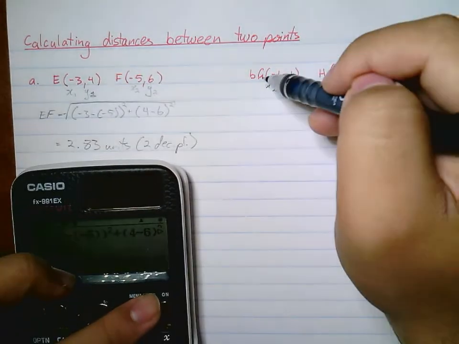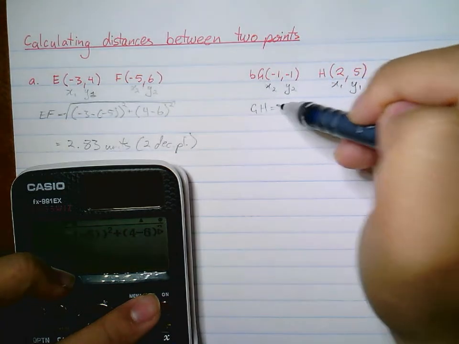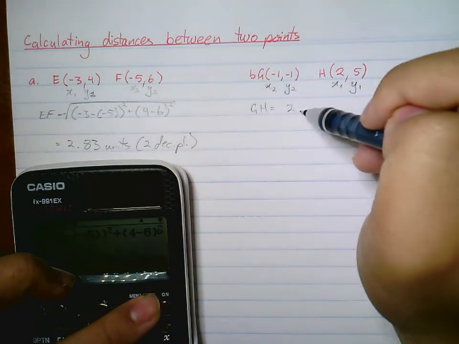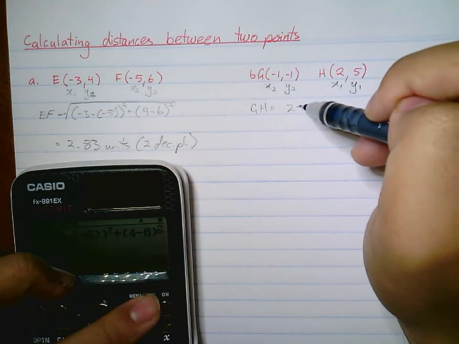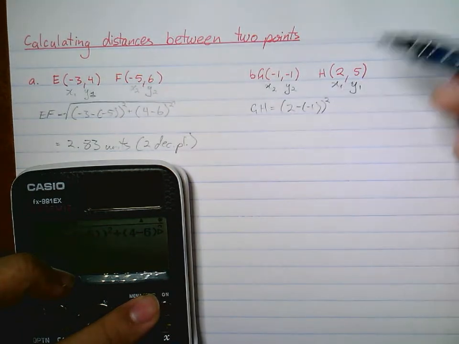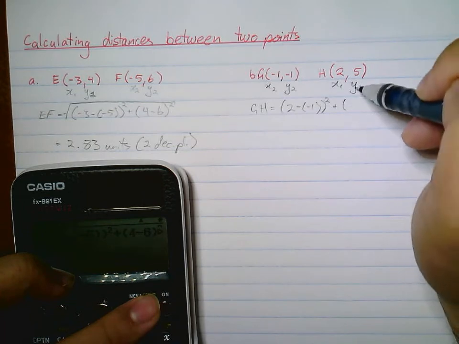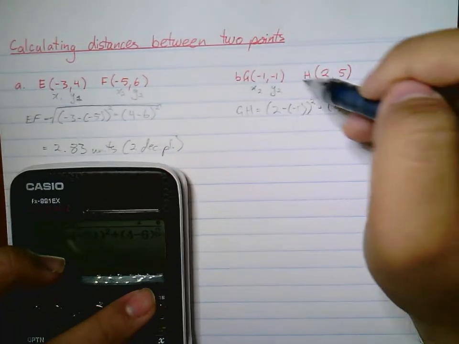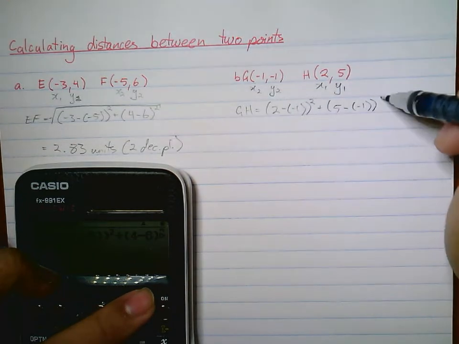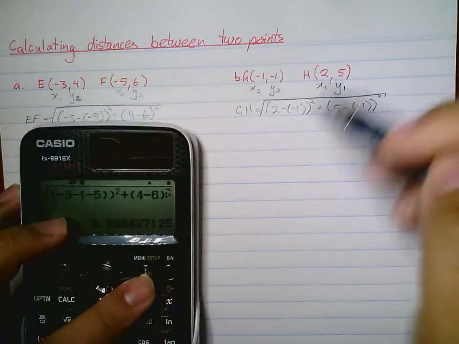Using our formula, the distance of GH is given as x2, which is 2, minus x1, which is 1, squared plus y2, which is 5, minus y1, which is 1, all squared, and square root everything.